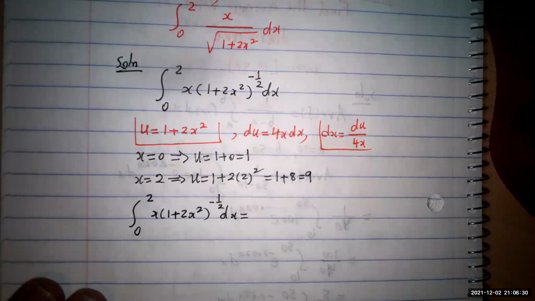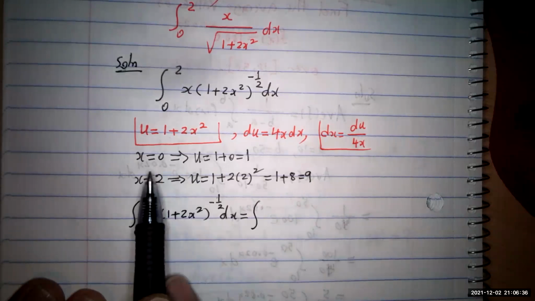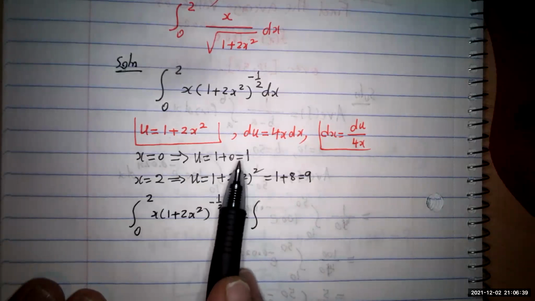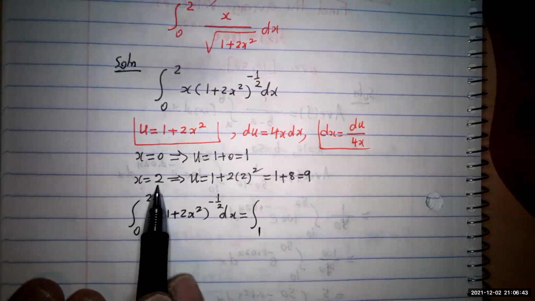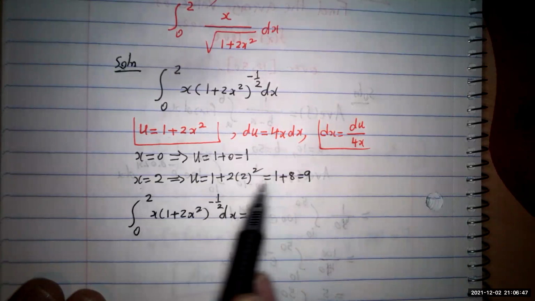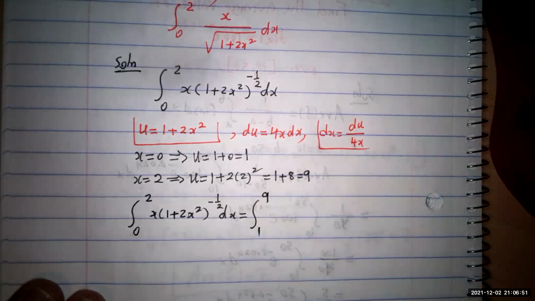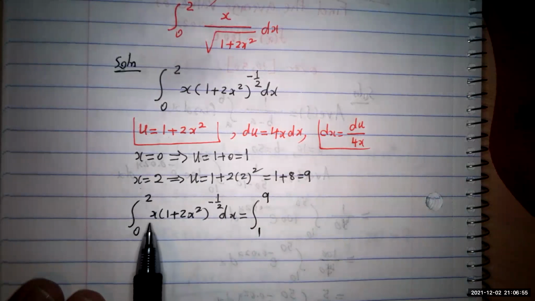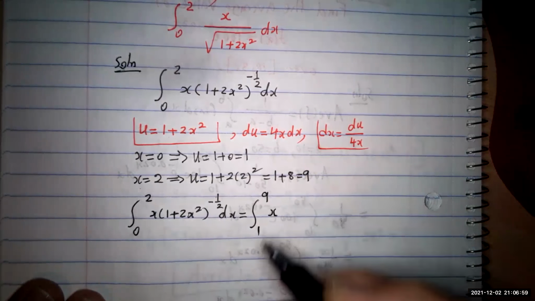Now substitute. When x is 0, u is 1, so the lower limit is 1. When x is equal to 2, then u is equal to 9. So the integral would be from 1 to 9. We don't have anything to substitute for x, don't worry, it should cancel out.